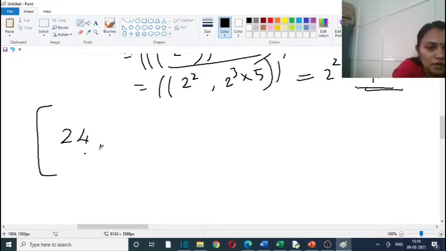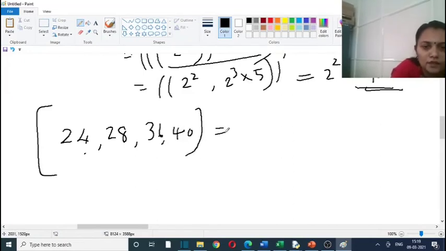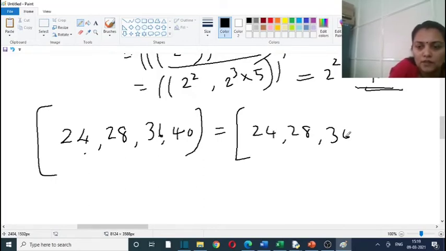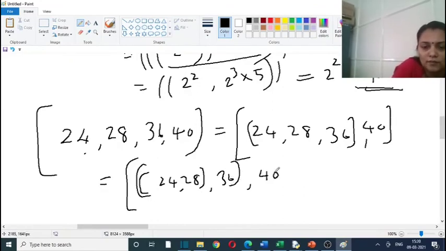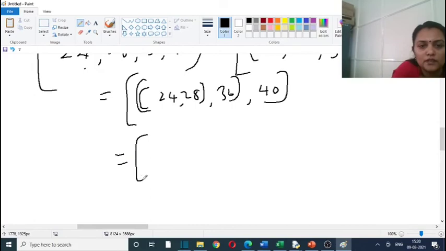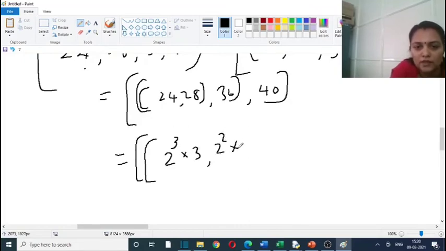Now the LCM of 24, 28, 36 and 40, by the recurrence relation, we could write LCM of LCM of LCM of 24 and 28, then 36, then 40. 24 is 2 cube into 3, 28 is 2 square into 7.